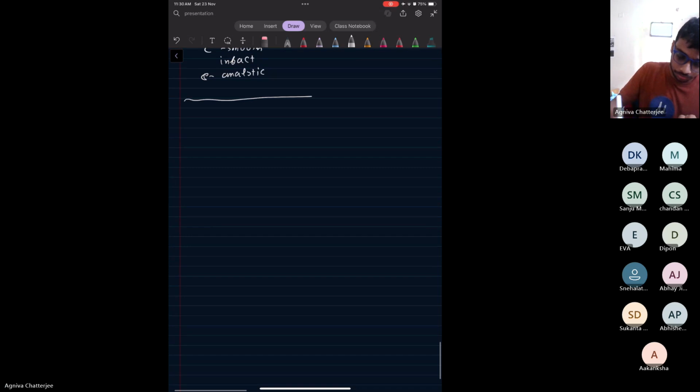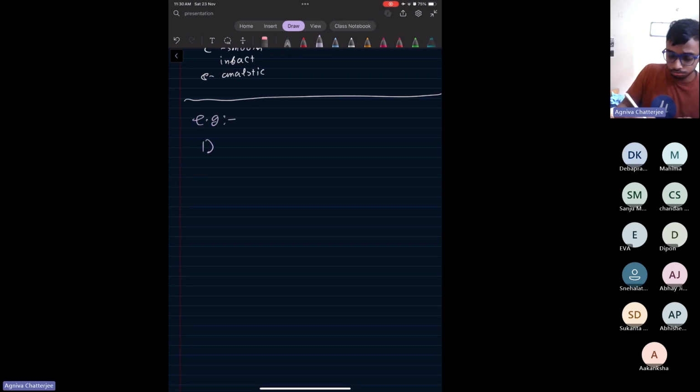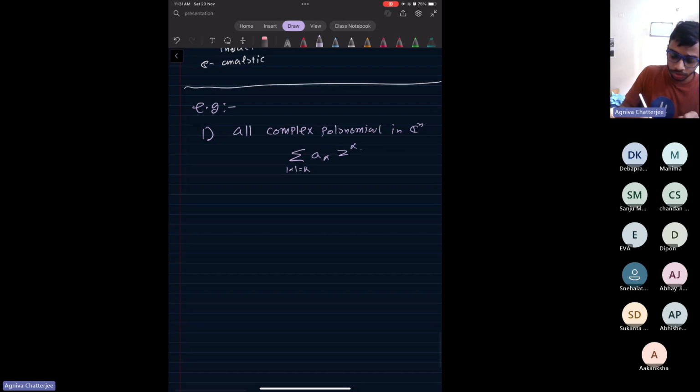Quick examples. All complex polynomials in Cn, like the sum of a_alpha z to the alpha, are holomorphic.